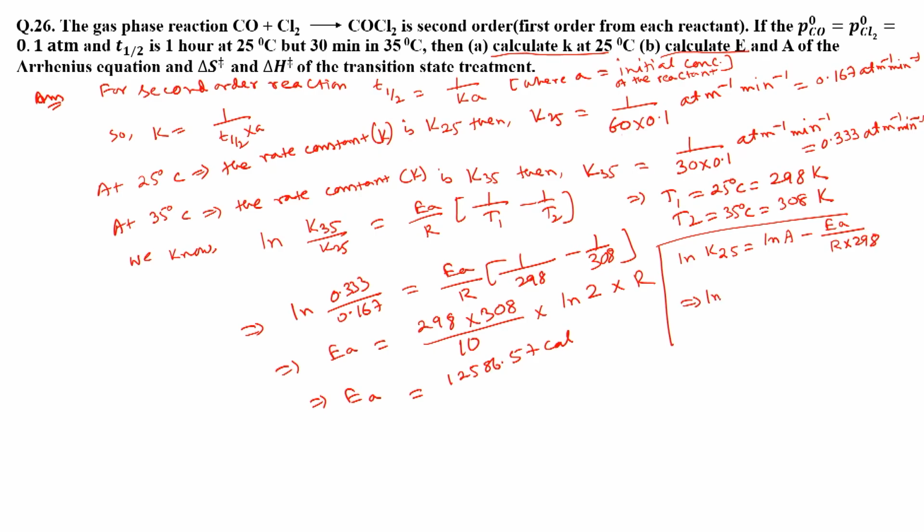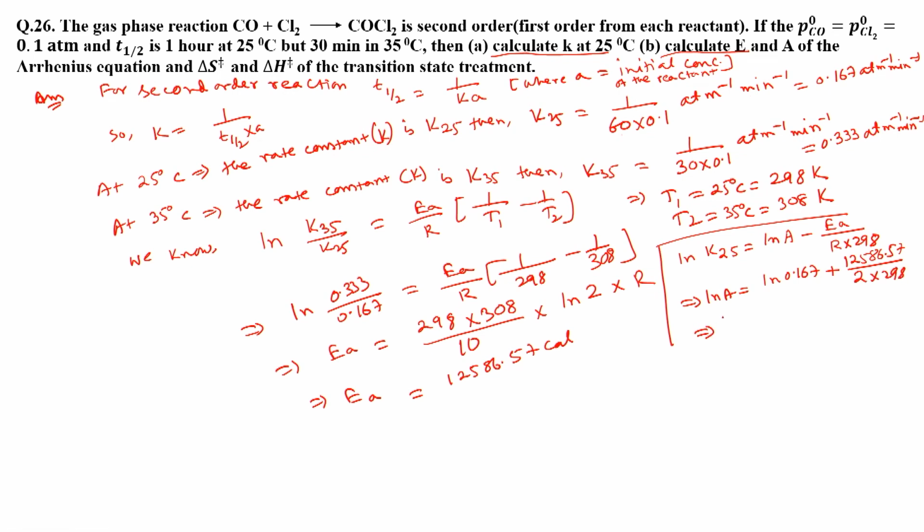So we get ln A is ln K25, so ln 0.167, plus EA, 12586.57 by 2 times 298.